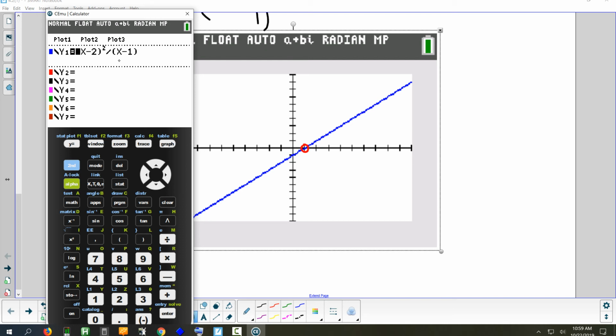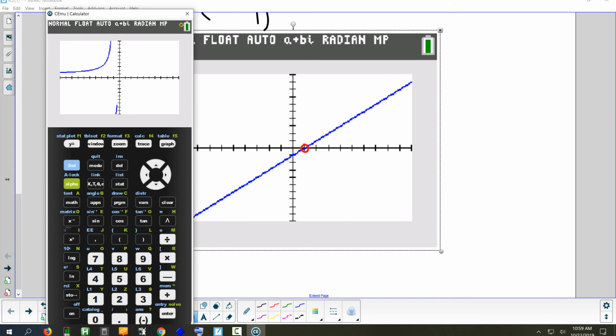Now, here's a graph that if I did something like this, actually, I don't even think I need parentheses. If I put in x squared minus 1, now, technically, that should have 2 asymptotes, because I can think of 2 numbers I can plug in for x that would cause me to divide by 0. 1 squared minus 1 is 0, and negative 1 squared minus 1 is 0.